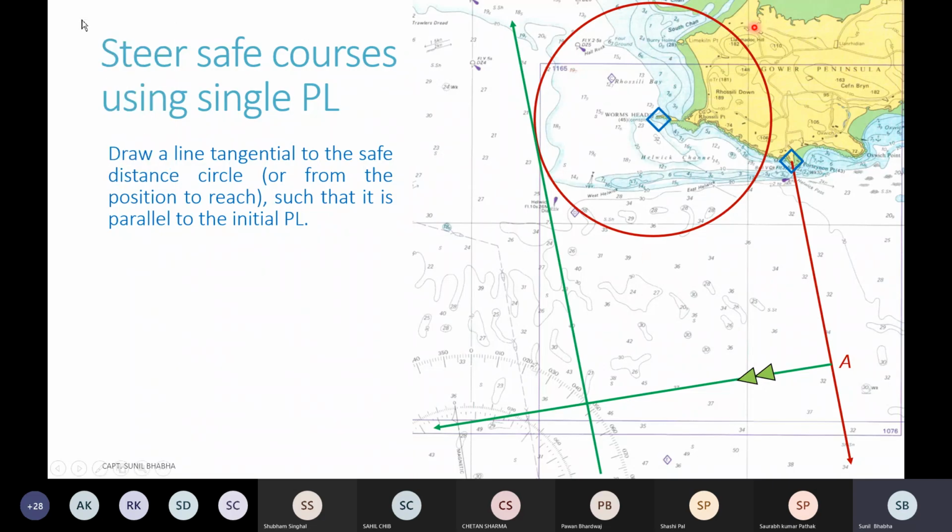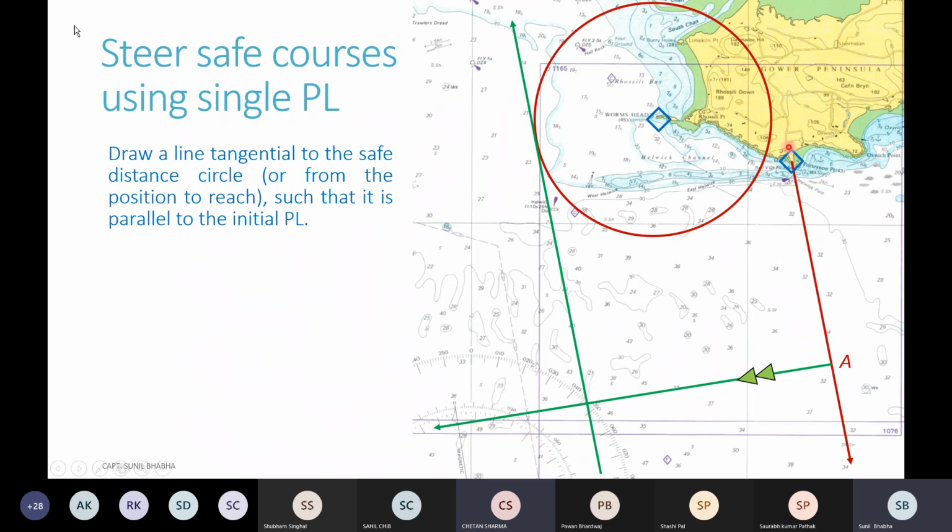This is the tangent line to the safe distance circle, and it is parallel to our initial PL. Now, in case they give you a certain destination position which you have to reach, then in that case there will be no safe distance circle.